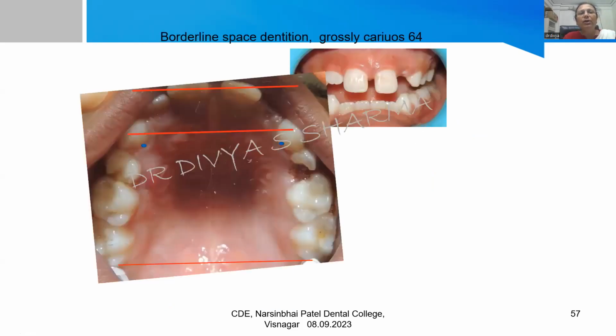Again, one more is there. You can see this is a crucial case. This is another case I have shown here, that you can see while eruption of the lateral incisor, what has happened? It is totally moved distally only, and there is a lack of space, and this could not straighten by itself, because the lateral incisor here is erupted first.